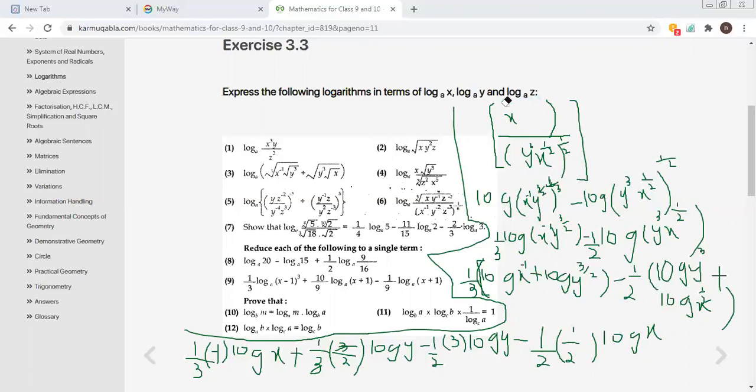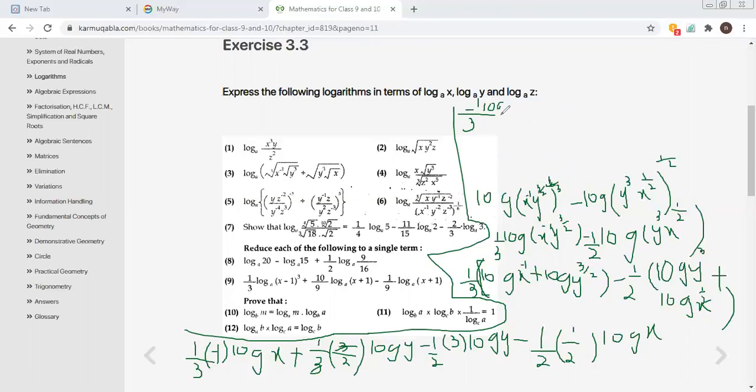Just a second, let me clear this space for further work. Now class, when we simplified it, we get minus 1 upon 3 log of x.